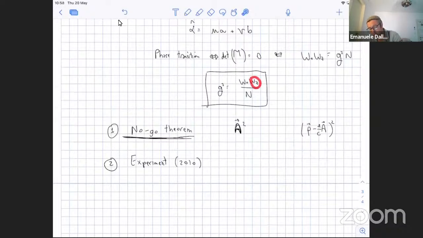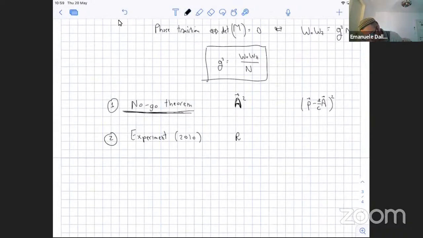So they reduced omega z a lot, and also they work in a rotating frame. And so this omega 0, instead of being the frequency of the cavity, is going to be the detuning between a driving field and the cavity. And the detuning can be as small as you wish. So the experiment is done in a rotating frame, so that omega 0 is just a detuning.